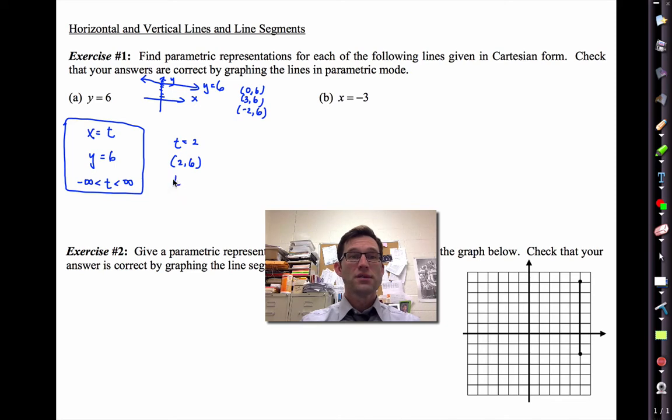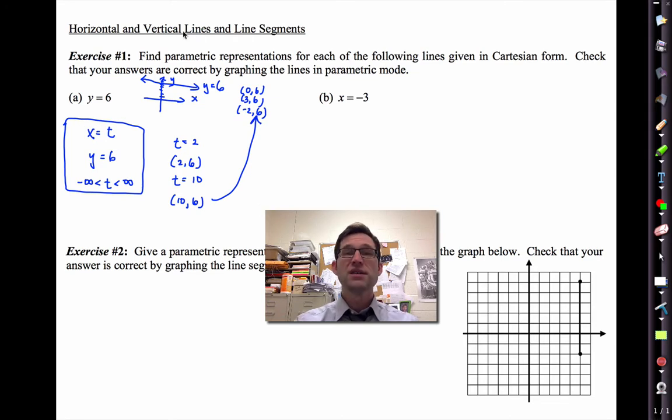You could say t is equal to 10, and it would give me the point 10 comma 6. And that's what we need, points that are on this line. So why don't you pause the video really quickly and write the equation or the equations that represent that vertical line that we have in part B.